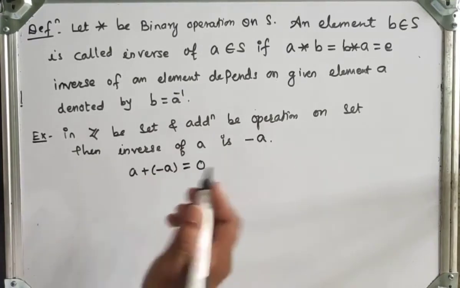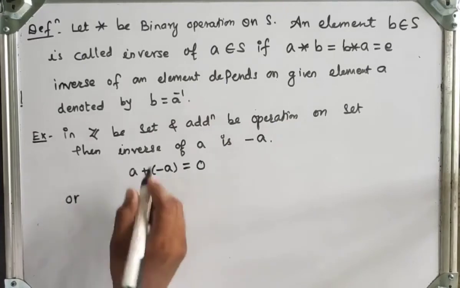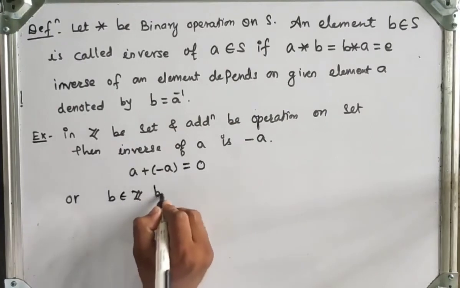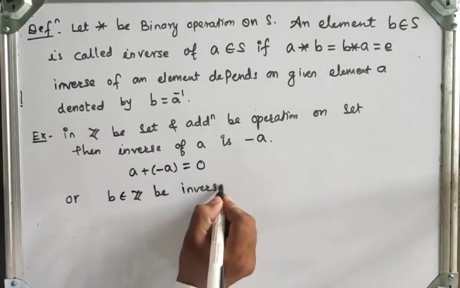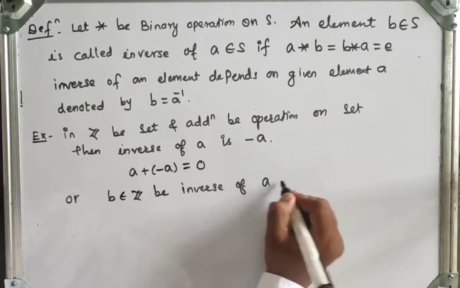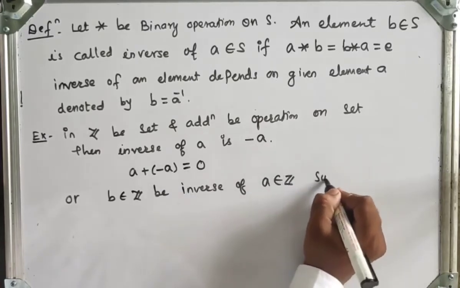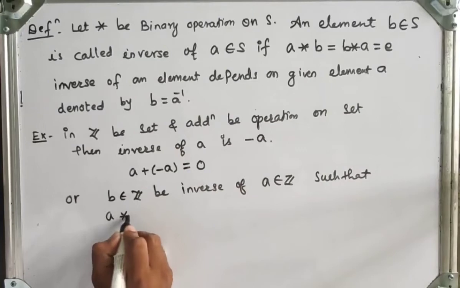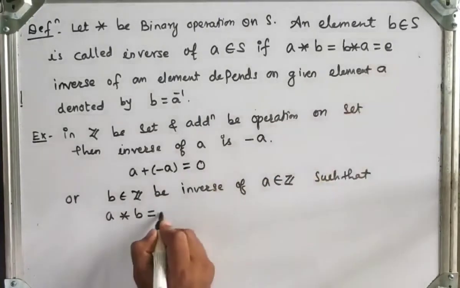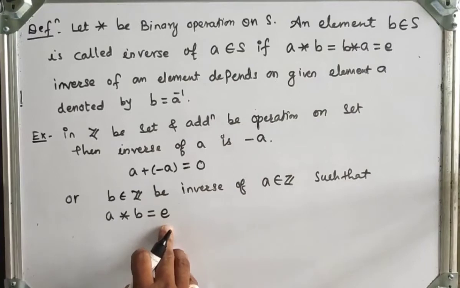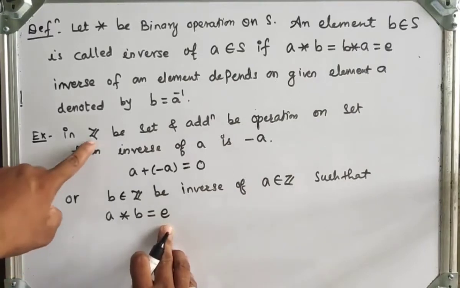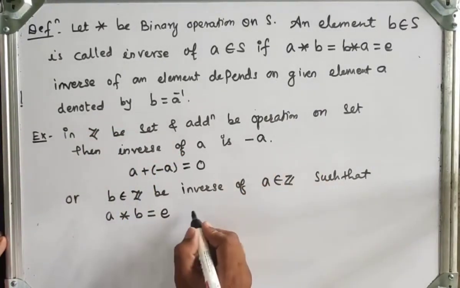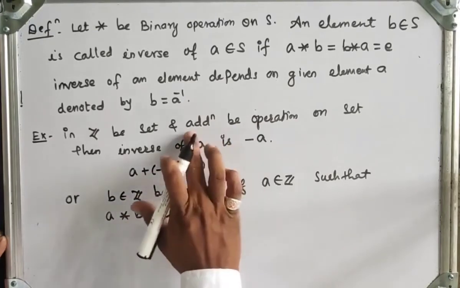Or we can find it another way, using this definition. Suppose B belongs to the set of integers, B the inverse of A belongs to the set of integers, such that what is the condition? A star B is equal to identity. We have seen in the definition of identity element that the identity element for the set of integers under addition is 0. We have seen the example. So what is the operation here? Addition.